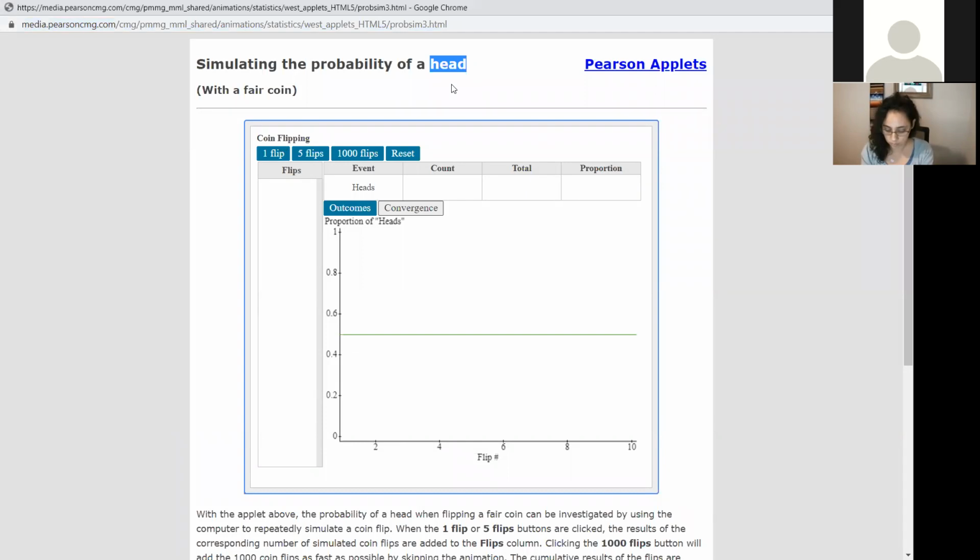So what are we going to do? We're going to flip the coin once, one flip. So let's do that. What is the probability of head? Let us flip it one more time.